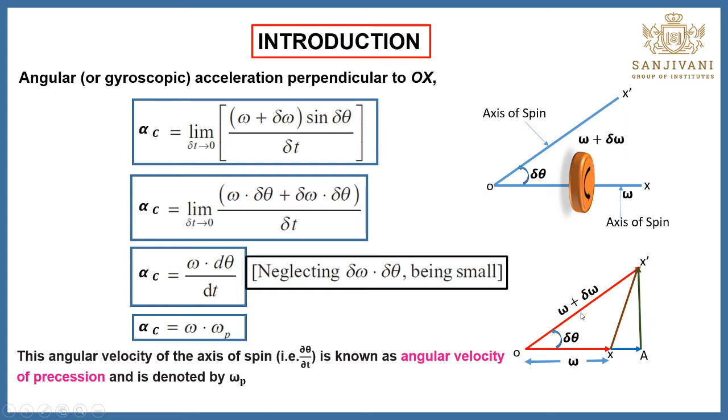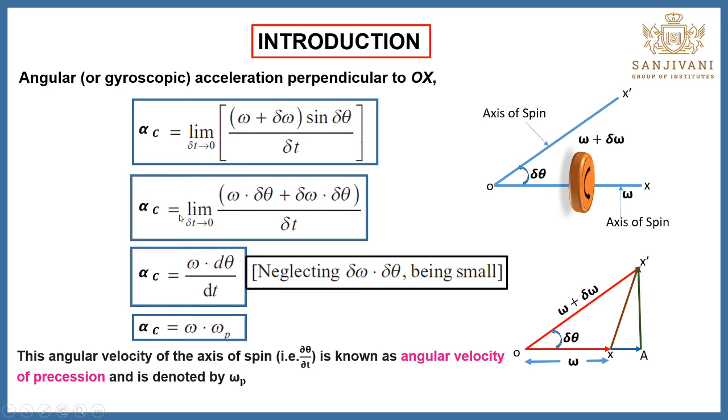That means AX dash is equal to omega plus delta omega into sin delta theta. To find this acceleration, we take the limit with respect to delta t tends to 0.